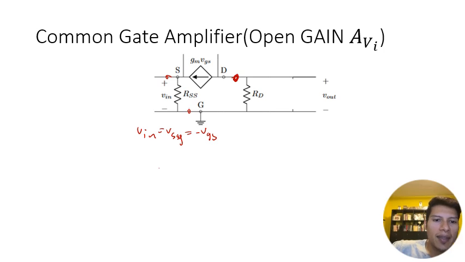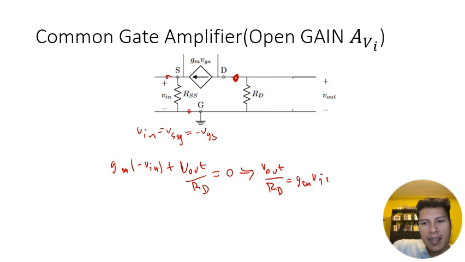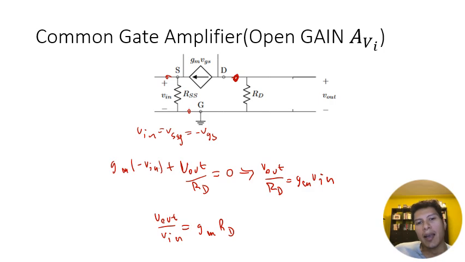And so we have GM times negative Vn plus V out over RD equals 0, which gives us that V out over RD equals GM V in, and then that's going to give us that V out over V in equals GM RD. So that's it. That's the gain of the common gate amplifier.